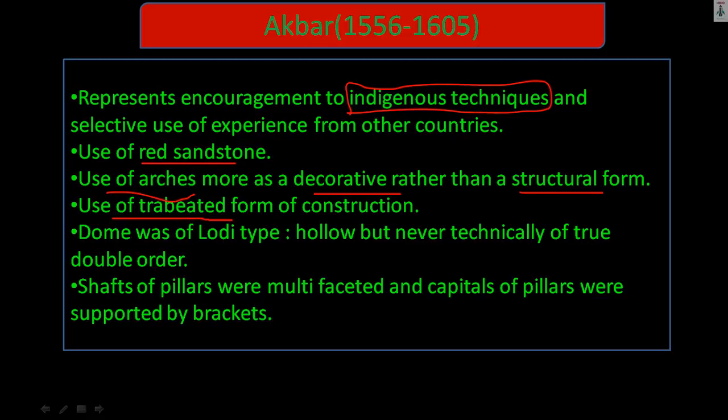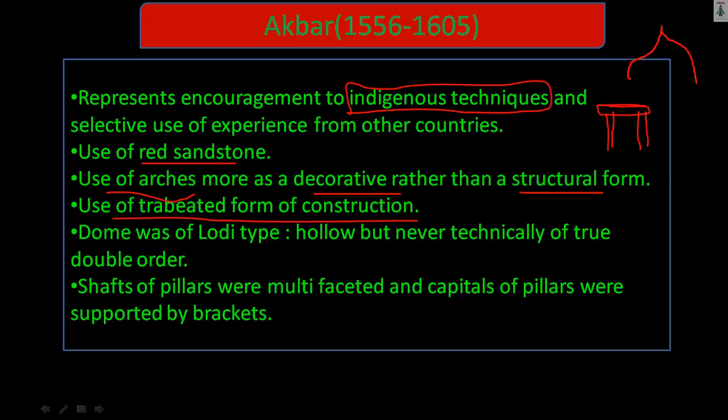And he used the trabeate form of construction. Now what is the trabeate form of construction? What earlier Indian architects would do, suppose they want to construct an arch, they will put two pillars and put up a third beam across. So this is the trabeate form. What Islamic architecture had were arches like this.